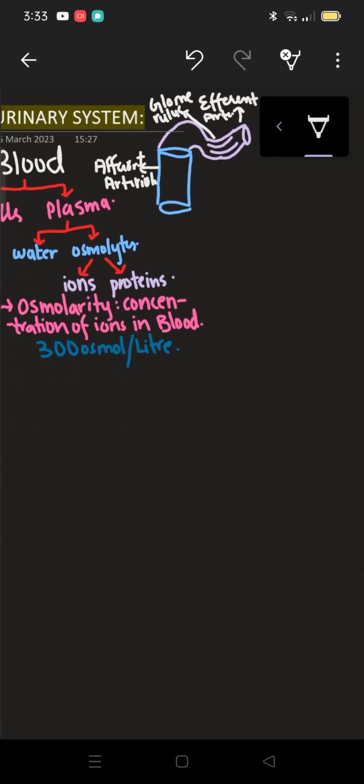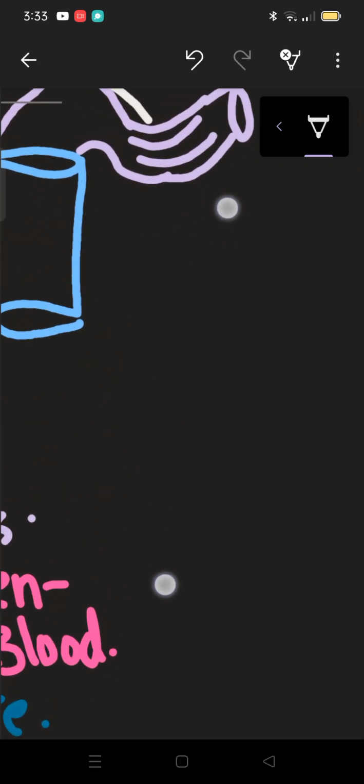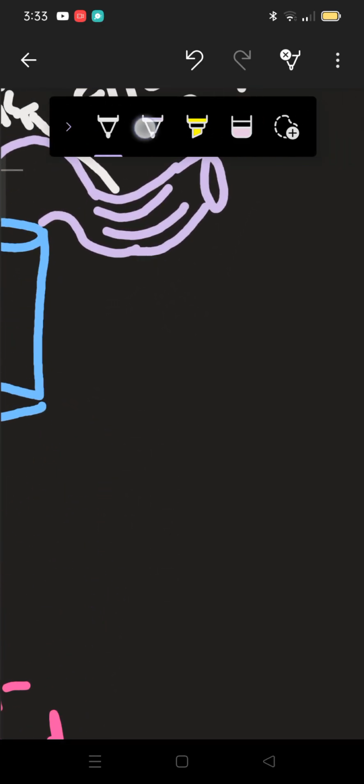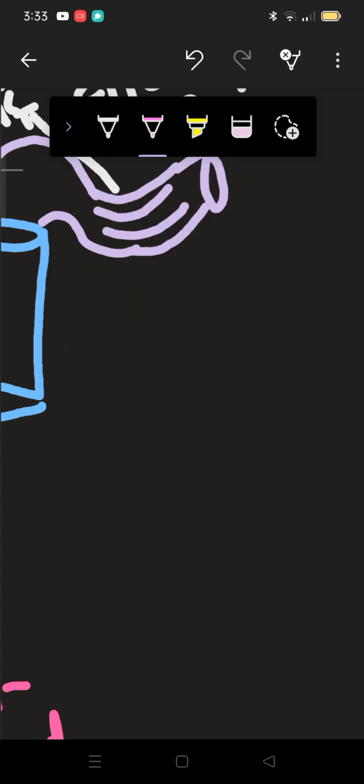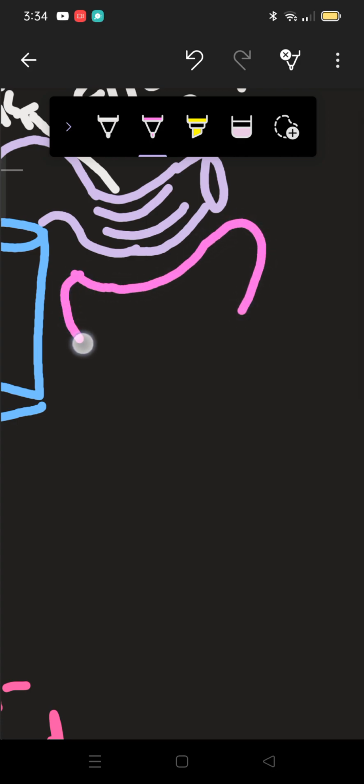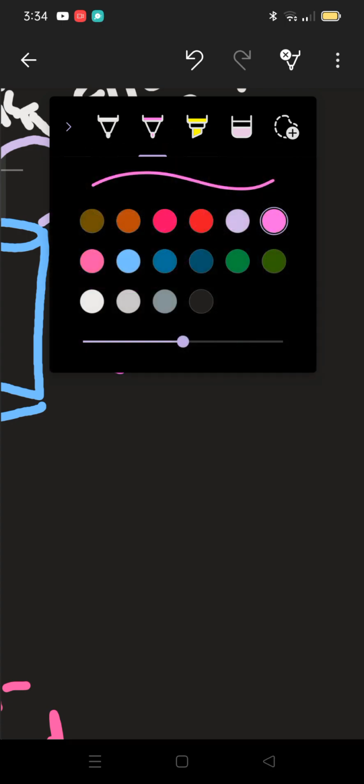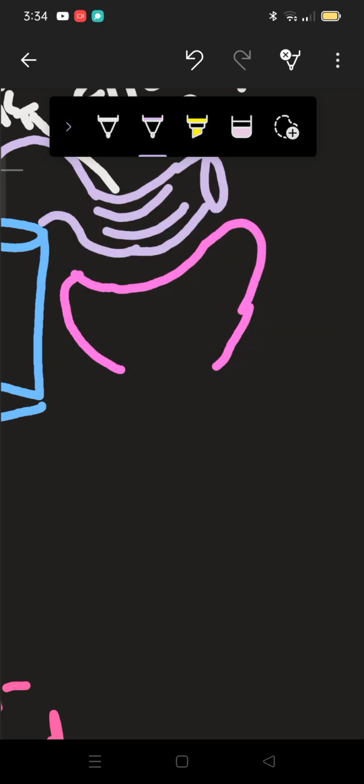Now that would again form the efferent arteriole. Now here I am going to make the Bowman's capsule with this color. So this is the Bowman's capsule. Here finally we will have our PCT.